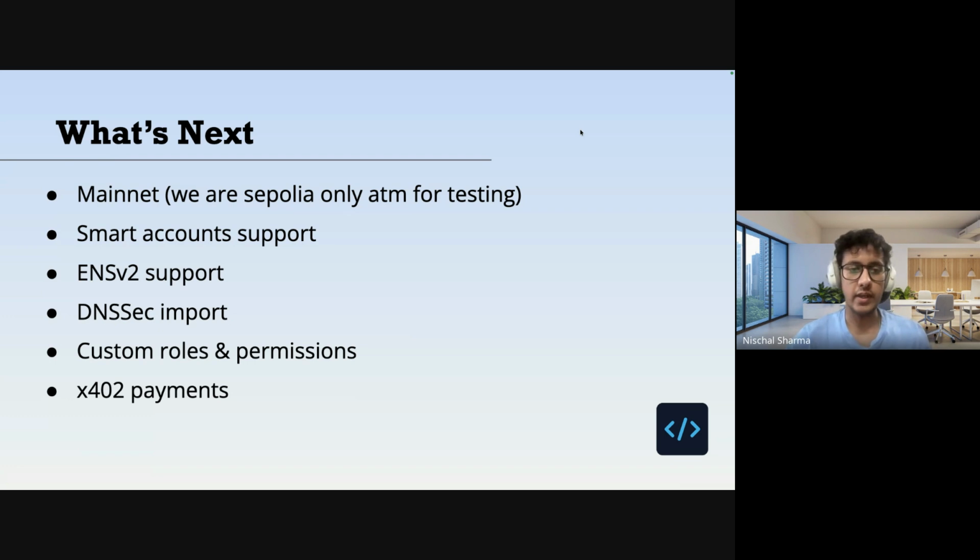Then what I can do is, using DNSSEC, I can import my nischal.com and make it, you can say, an NFT, an ENS name. We can mint an ENS name for nischal.com. And then my nischal.com is available as an ENS name. Then maybe I can set a wallet address for nischal.com, and maybe I can create subnames. I can attach metadata.